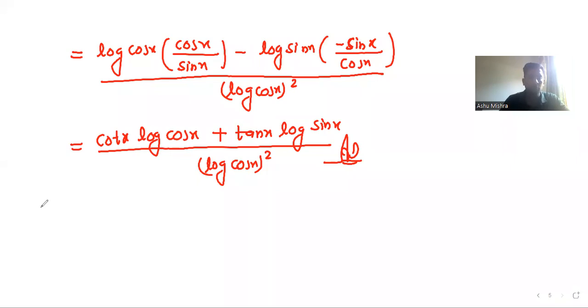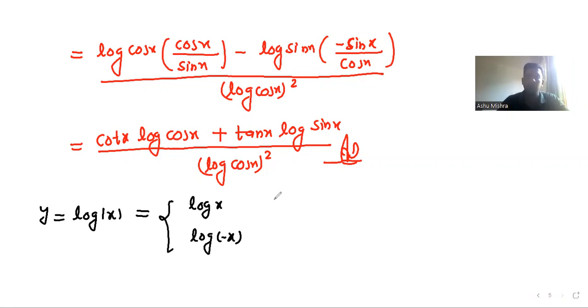Suppose we have one more question. y is equal to log of mod x. That means you can say your question will be log x when x is more than 0, and log of minus x when x is less than 0.